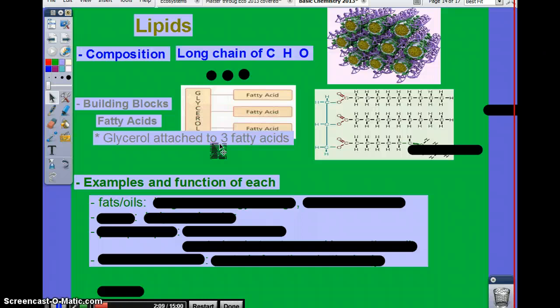Now, different from carbs, where I gave you function and then types, lipids are different because each type of lipid has a specific function. So I'm going to do each type with its specific function. Based on prior knowledge, what is the function of a fat or an oil?